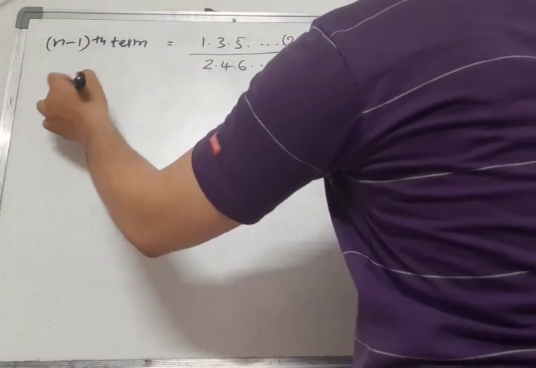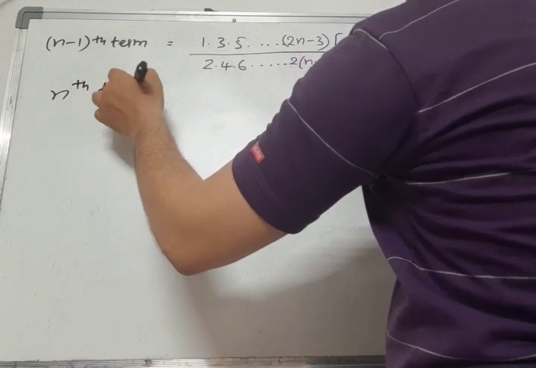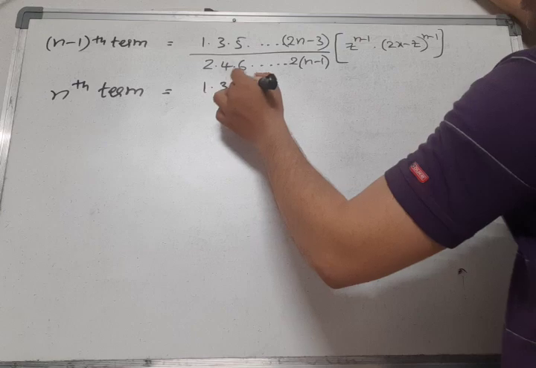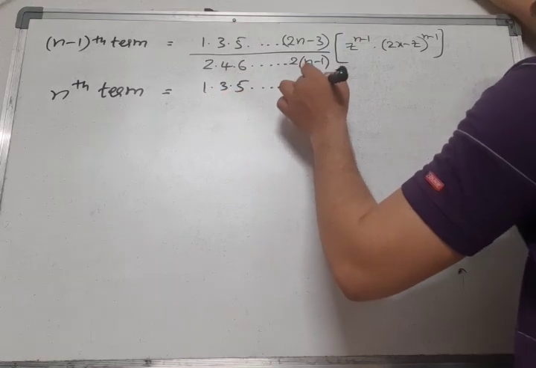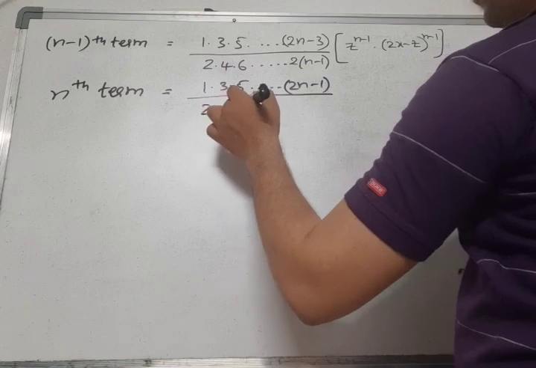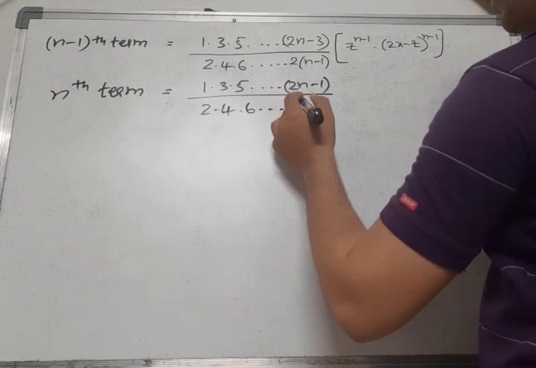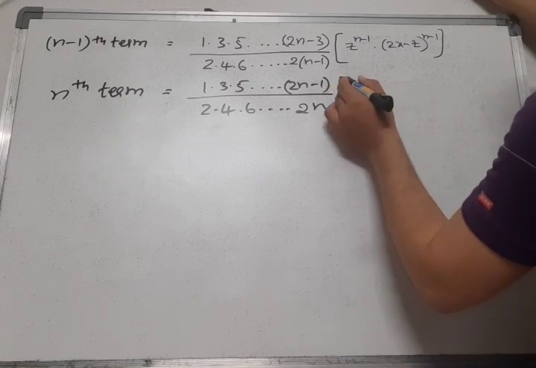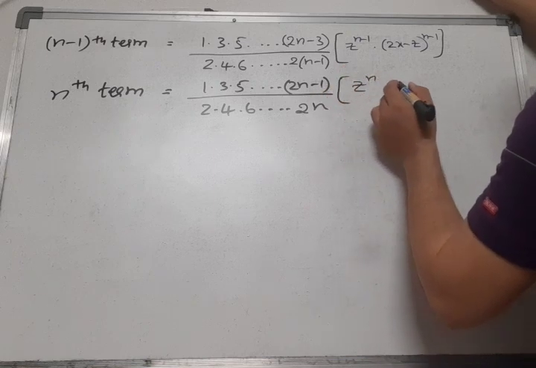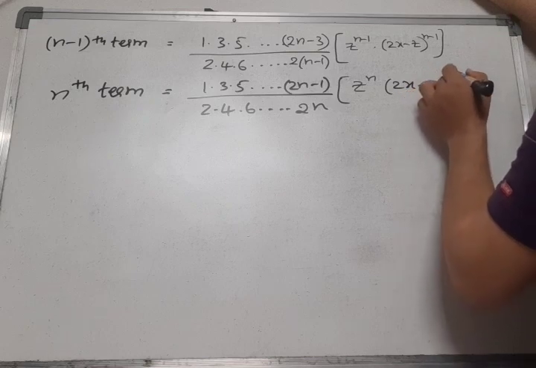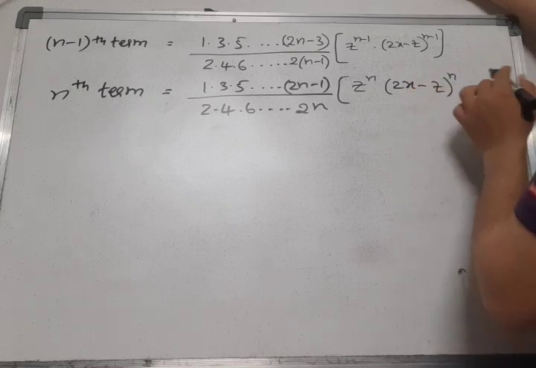Next, the nth term. What is the nth term we got? 1 into 3 into 5 and so on up to 2n minus 1, by 2 into 4 into 6 and so on up to 2n, into z to the power of n into 2x minus z whole to the power of n.